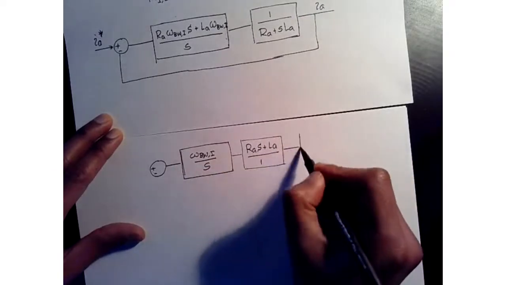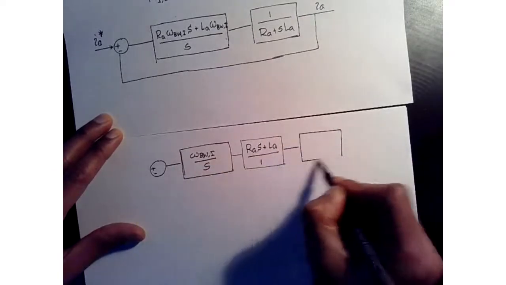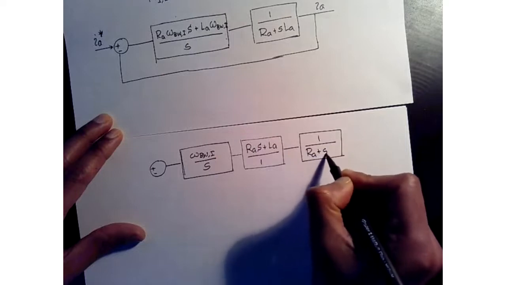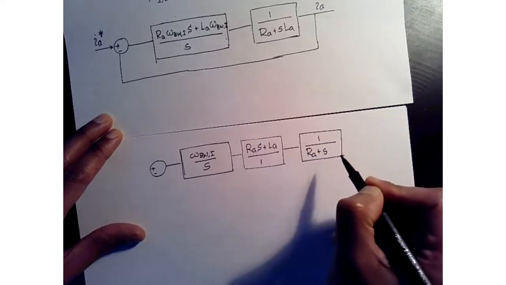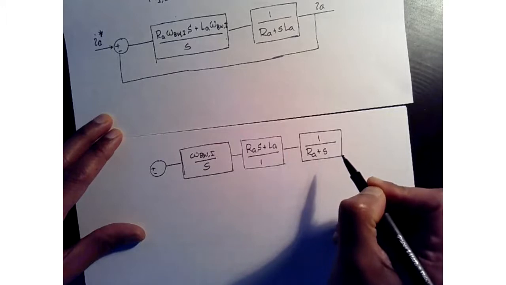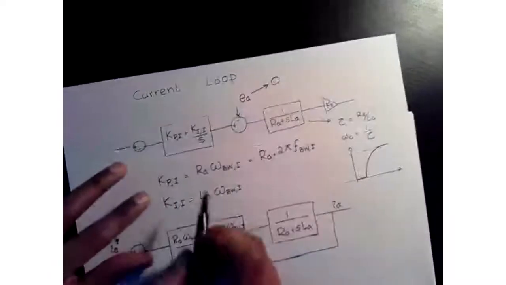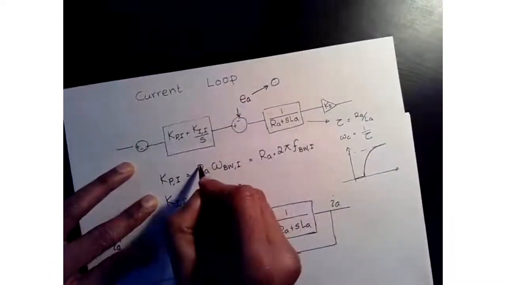And then in our plant, we still have our 1 over RA plus... oh wait, did I mess something up? I think I did. Okay, when you choose KP, this is LA.